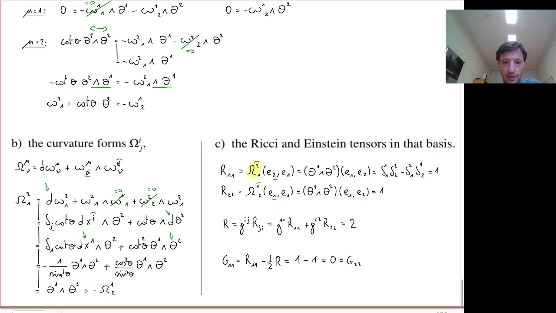So you see, remember that we're just using the explicit expression for the exterior product. Remember that we basically have theta 1 theta 2 minus theta 1 theta 2. That's the definition of theta 1 theta 2. Okay?